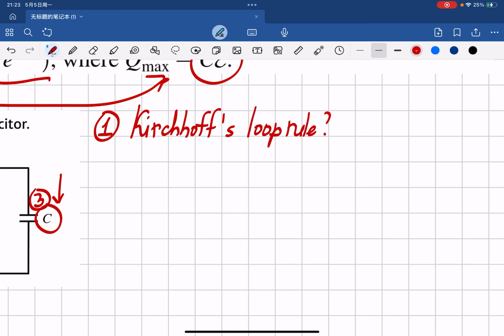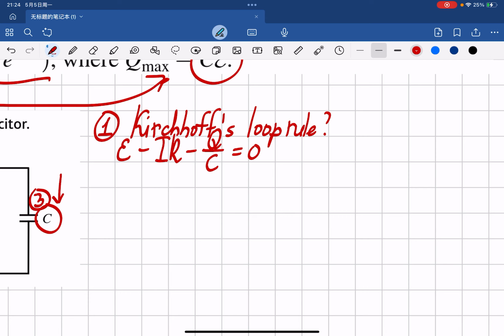It says that the total voltage gain and drop around a closed circuit loop is zero. It means that the voltages that we have, we will subtract them from each other, and at the end it will be equal to zero.